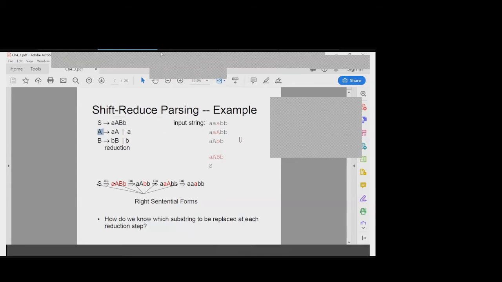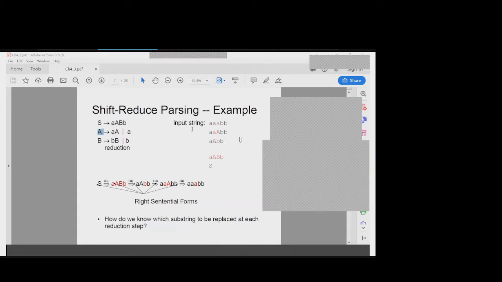Tell me. I'm giving you 2 minutes, tell me whether you are able to. If not this, then can you have other reduction steps and can you generate the starting non-terminal symbol? So what I am telling you is to check whether the given grammar is ambiguous or not. Right? So check, I am giving you 2 minutes.